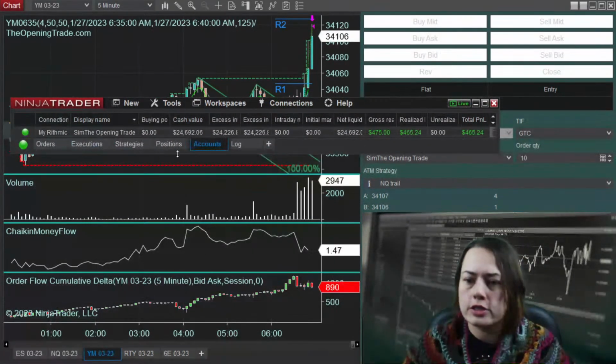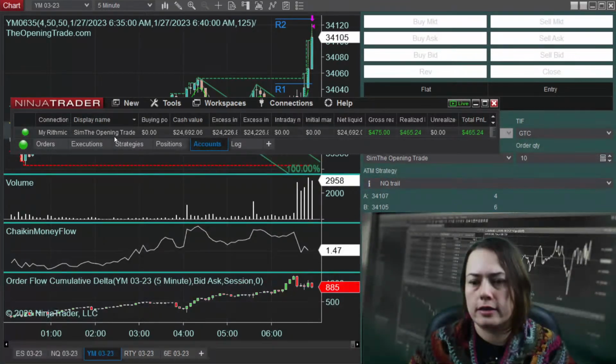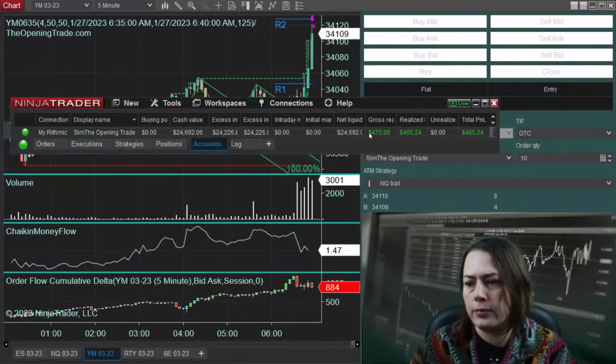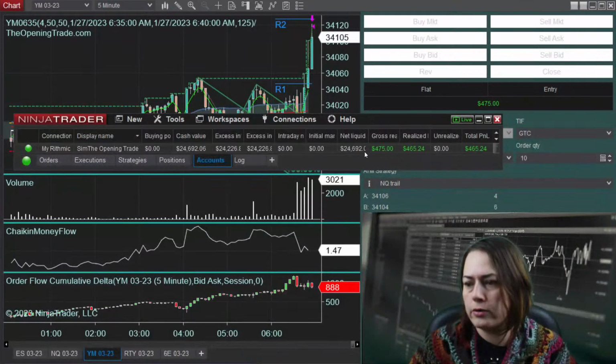All right, so this is our account you're watching trade right now. Here is our current value. This is what we saw today after the fees. This is what we took home with our automated trading system.